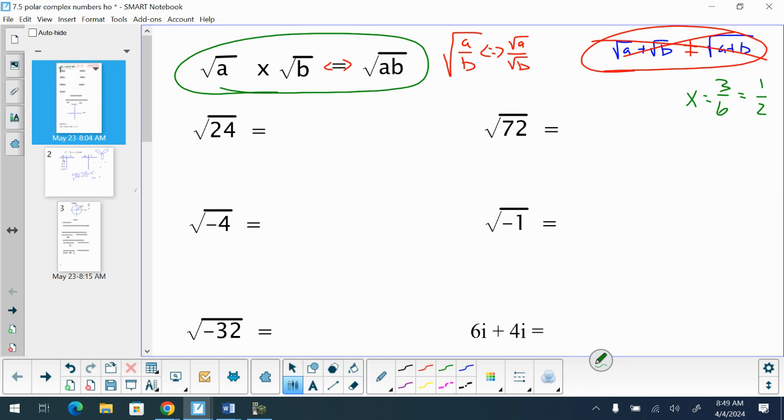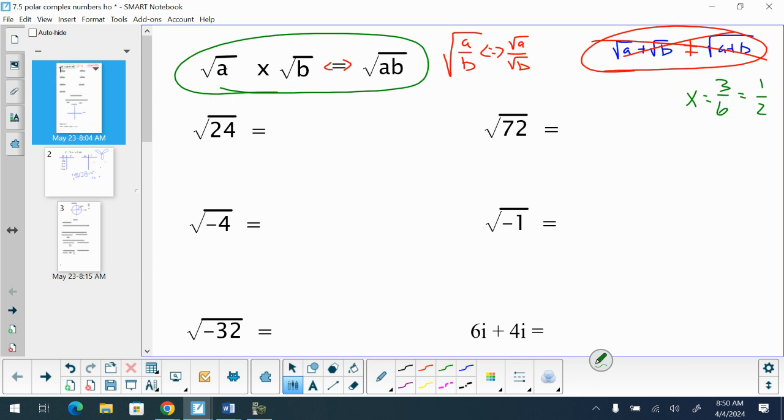If I have two things being multiplied together, I can separate into their own radicals. We have the square root of 24 there. We want to reduce that down. We don't want to give a decimal, 4.98732. We want to just simplify it down.